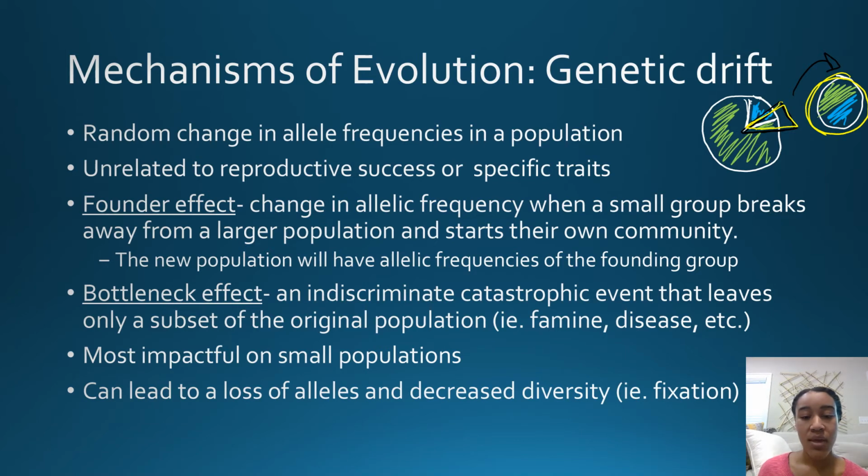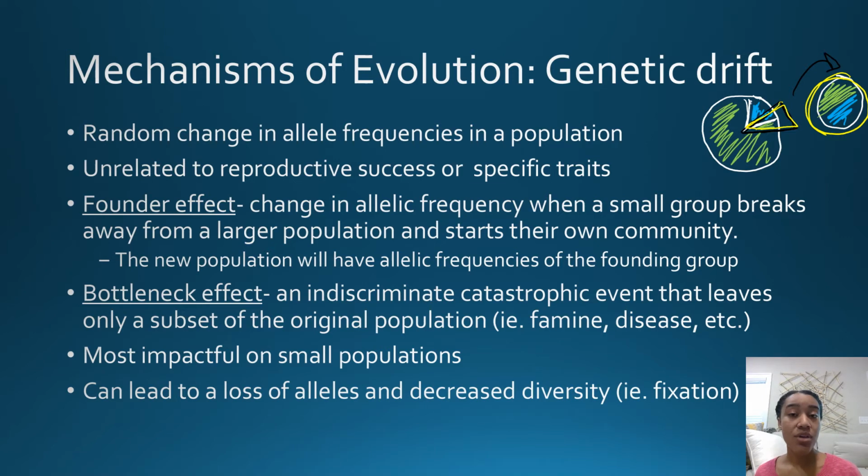And one interesting thing about genetic drift is it can lead to fixation in a population. So it can drastically change the dynamics, but it can lead to the loss of certain alleles altogether. So let's say we had a bottleneck effect event, and it killed off all of the blue frogs and only left a small percentage of green frogs.